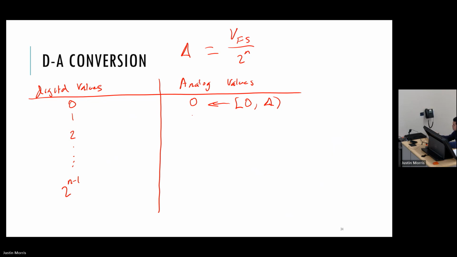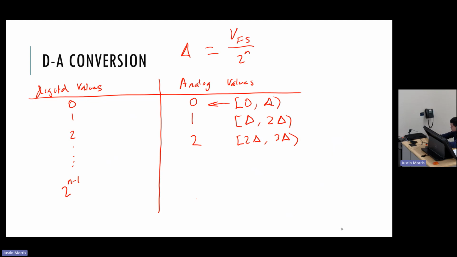And then if I give an input of 1, that's going to correspond to the range of delta to 2 delta. And then for 2, it's going to be 2 delta to 3 delta as the range that I am trying to reach.